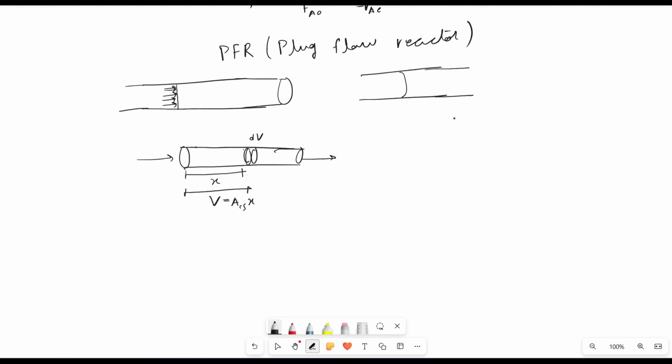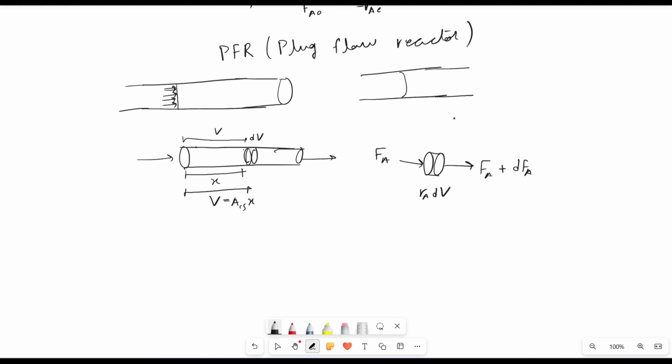This is volume V, and this is volume V plus dV. If we magnify that dV volume, the inlet is FA, the outlet is FA plus dFA, and the generation is RA times dV.